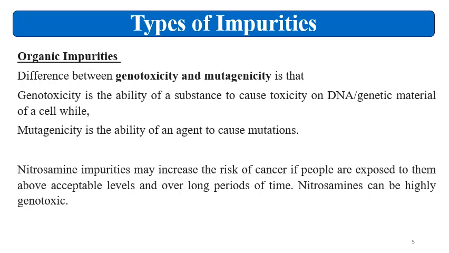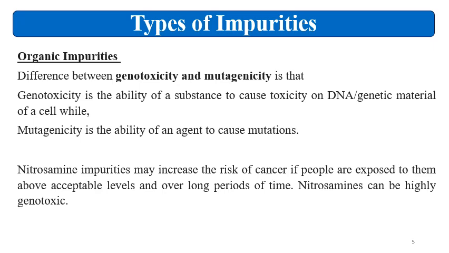Then the mutagenic impurities we have seen, and some impurities have genotoxicity, some are mutagenic, so these have mutagenicity. Then what is the difference between genotoxicity and mutagenicity? Genotoxicity is the ability of the drug substance to cause toxicity on the DNA or genetic material of the cell, while mutagenicity is the ability of the agent to cause mutations.